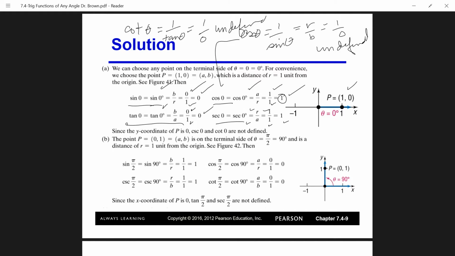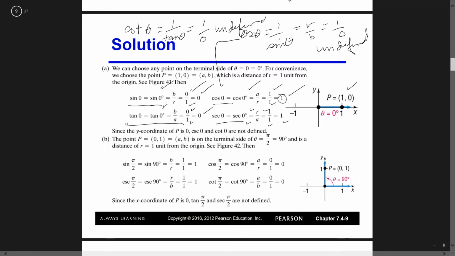Now let's go ahead and do the angle of 90 degrees, in which we'll construct a point at (0, 1). This would be 90 degrees, or pi over 2.